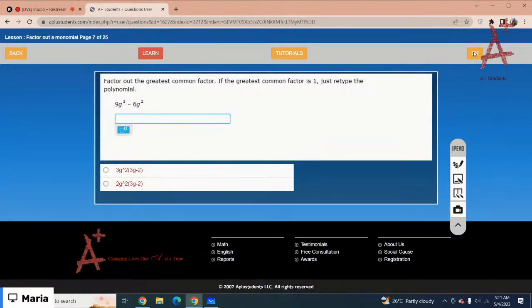Okay, so which is the correct option? It would be option number 1, 3g square times 3g minus 2.